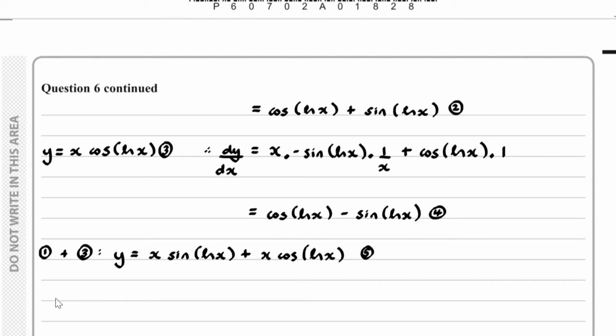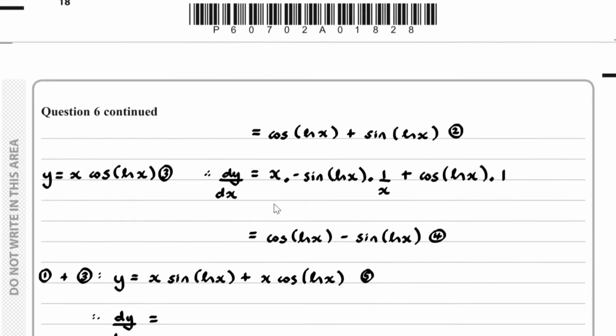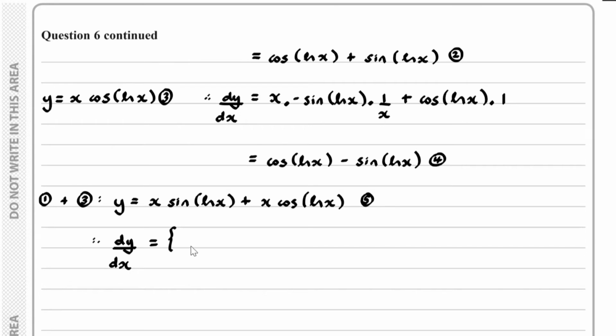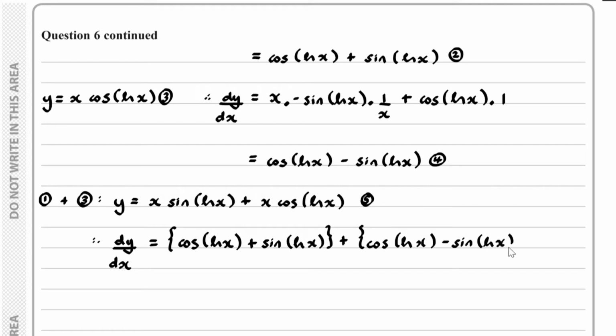And if I differentiate 5, dy over dx, if I add together the derivative of x times the sine of the natural log of x, I have the cosine of natural log x plus sine of natural log x plus the cosine of the natural log of x minus the sine of natural log x.